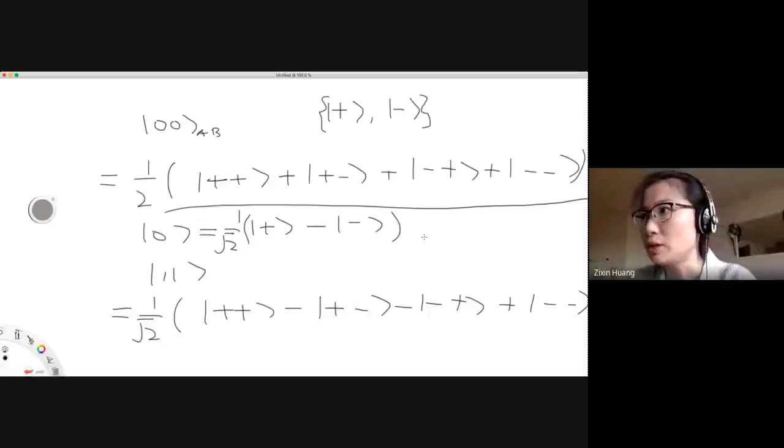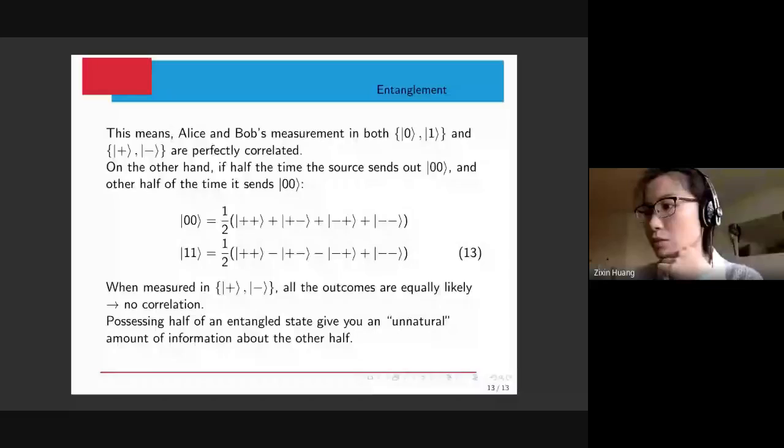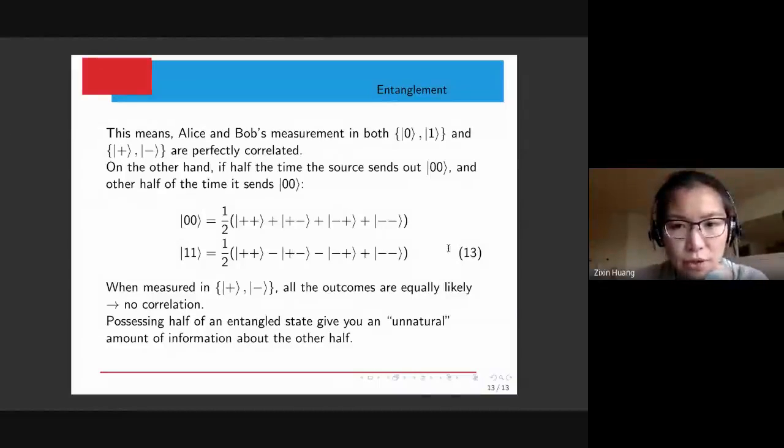Now I want to go back to the slide. So that's equation 13 over there.